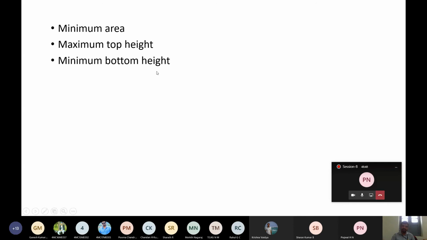Again, if someone is tall, reaching the maximum top height is easy, but reaching the minimum bottom height is difficult for them. For those who are dwarf, reaching the bottom height is very easy, whereas reaching the top height is difficult. So it is difficult to satisfy the need of all. Then you have to arrive at some values.